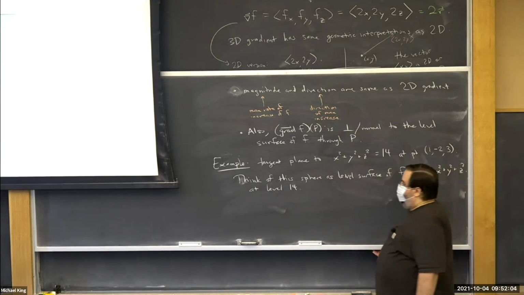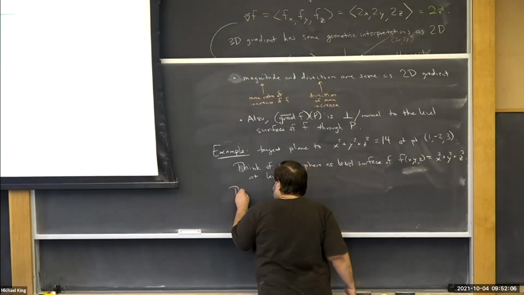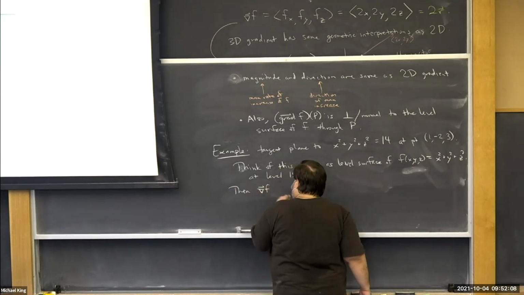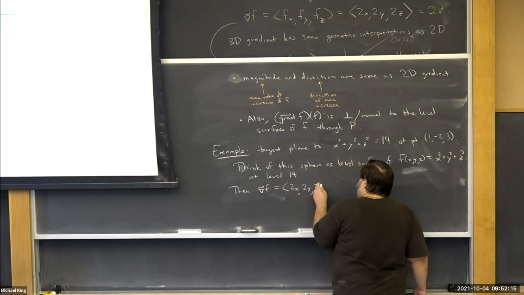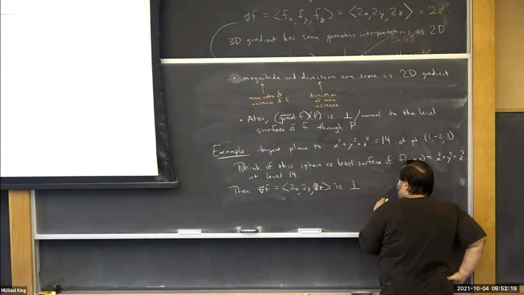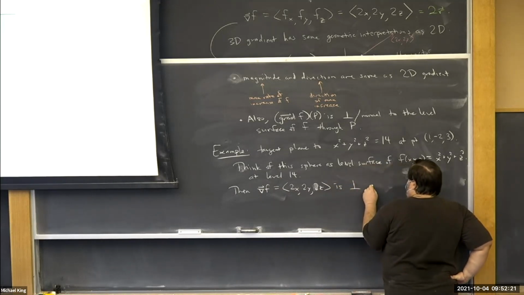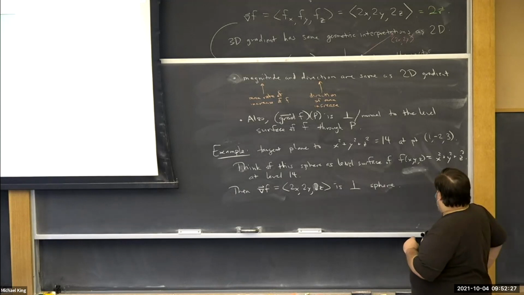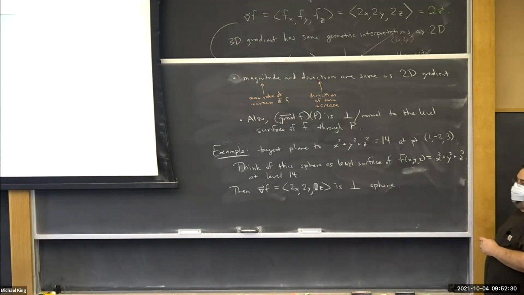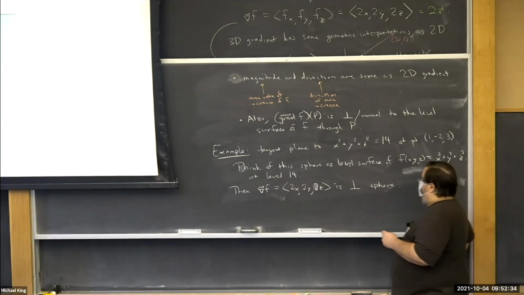Then the gradient of f, which is 2x, 2y, 2z, is perpendicular to this surface, to the sphere, at any point on the sphere.